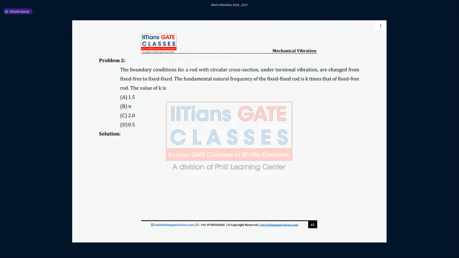Now read the next question, what does it say? The boundary condition for a rod with circular cross section under torsional vibration is changed from fixed-free to fixed-fixed condition. The fundamental natural frequency of the fixed rod is k times that of fixed-free. What is the value of k? So guys, we know the natural frequency when you have the fixed condition for a bar or rod.